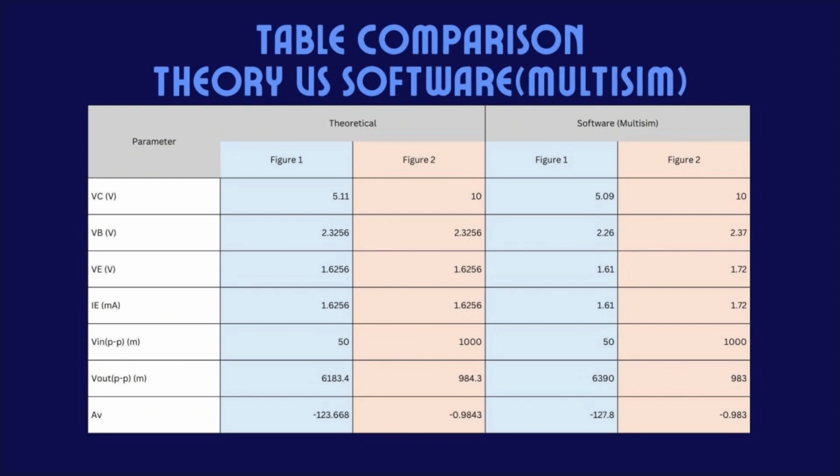For figure 1, the theory and software have different values. For the theory, we need to follow the theory value, but in the software, the value needs to be close to the theory value.